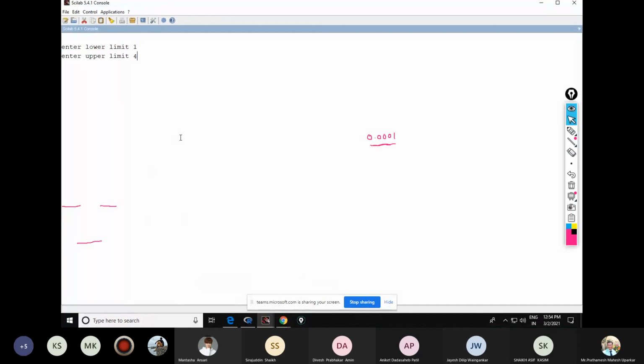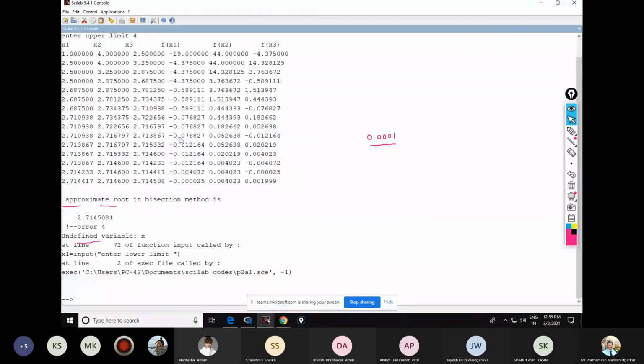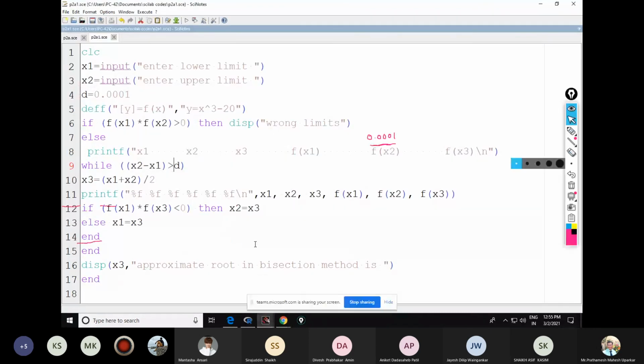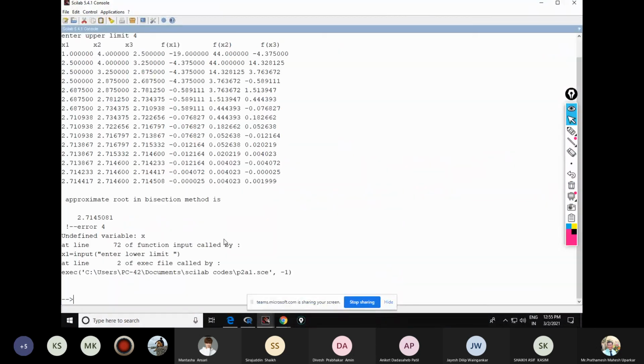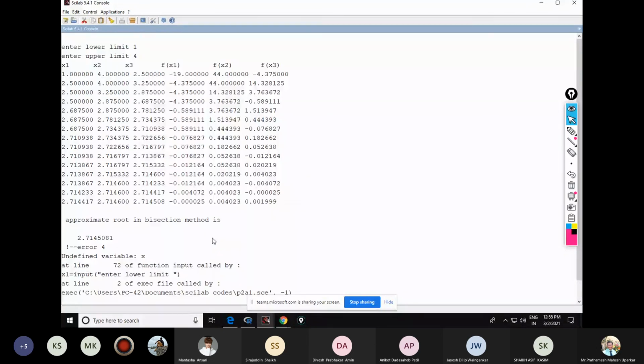Enter the lower limit 1, upper limit 4, and you can see that there is an error, undefined variable x. Line 72, enter. Let us run again. Let me clear all this. 1, 4. The approximate root by this method is 7.45. Okay.